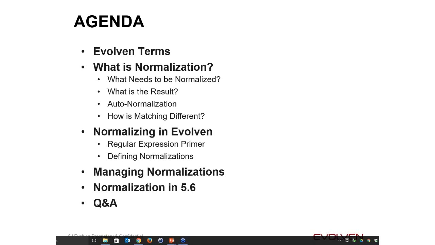So when you create these rules, where do they end up? I'll briefly talk about where the normalization is going in 5.6. We have our VP of R&D who can also tell us a little bit about where things are going. And then, as Al had mentioned, at the end we'll cover Q&A. If you have any questions, please write those in the questions tab. We'll get to as many as we can.